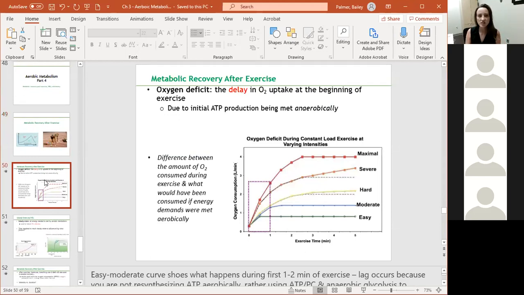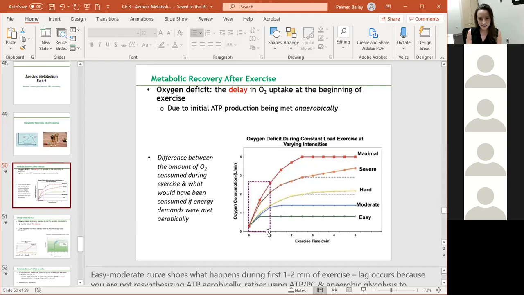We want to talk about the process of how our body uses oxygen from the start to the end of exercise. So first, starting with oxygen deficit. We know oxygen deficit is this pink box right here.